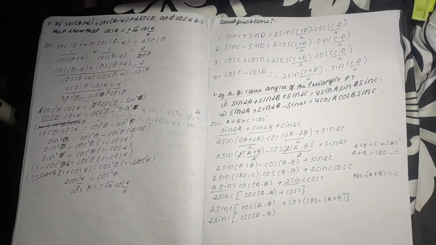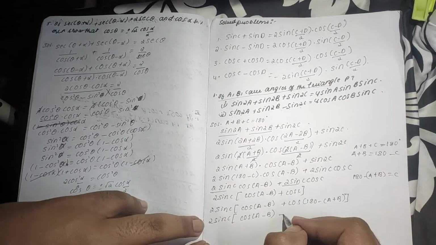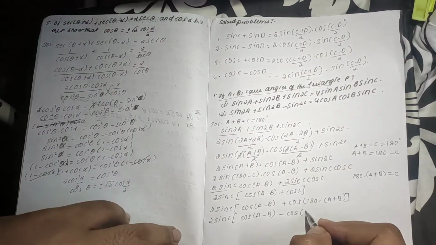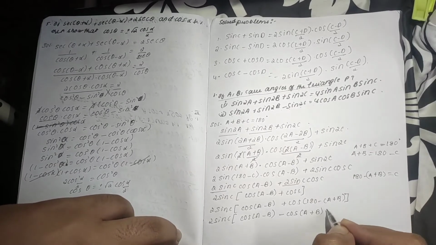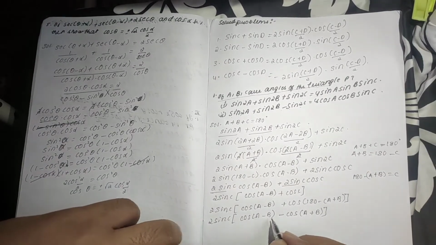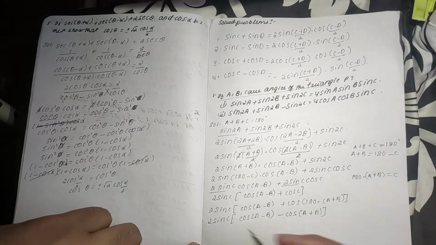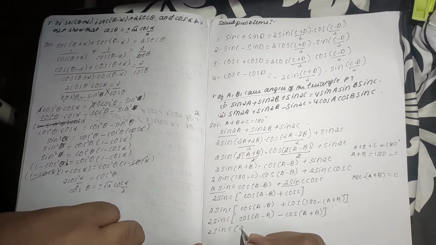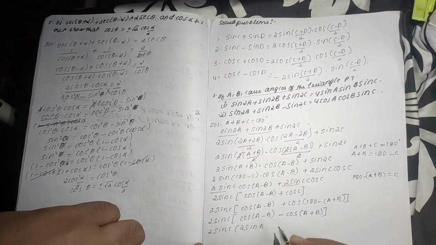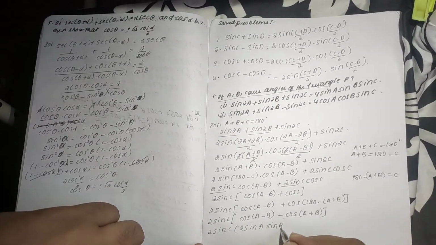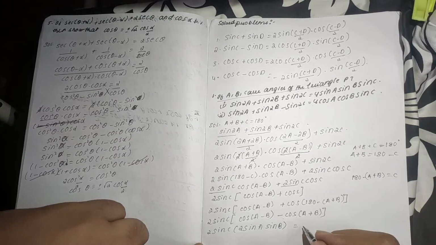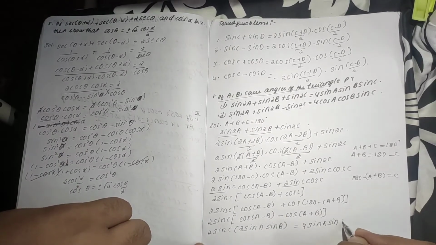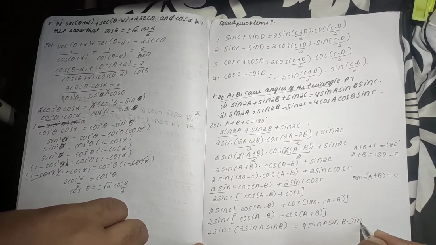Cos of 180 minus theta is minus cos theta, as theta lies in quadrant 2, so this is minus cos (A plus B). The formula of cos (A minus B) minus cos (A plus B) is 2 sin A sin B.